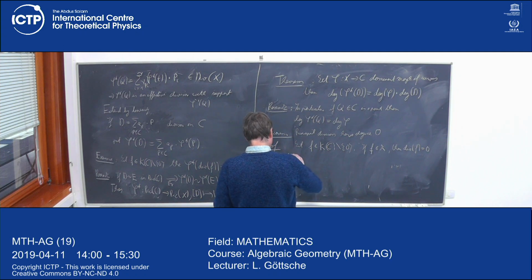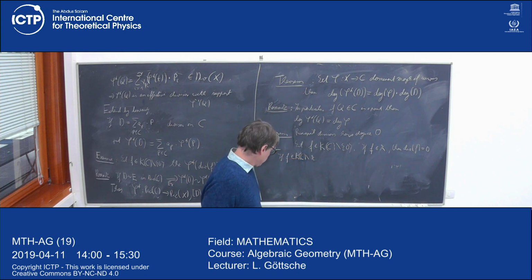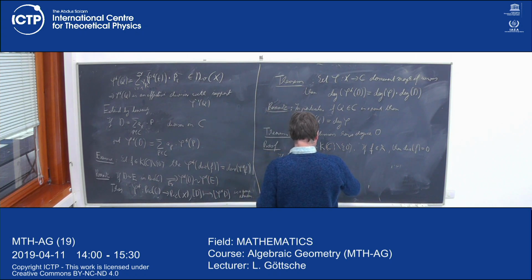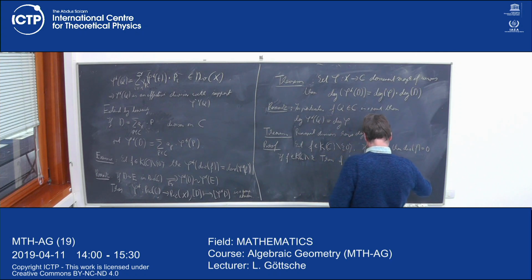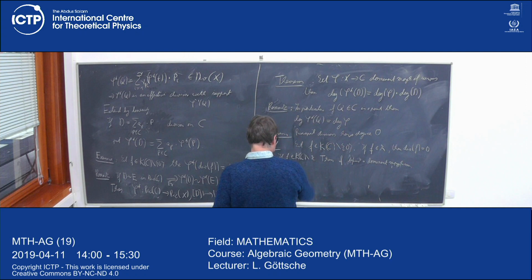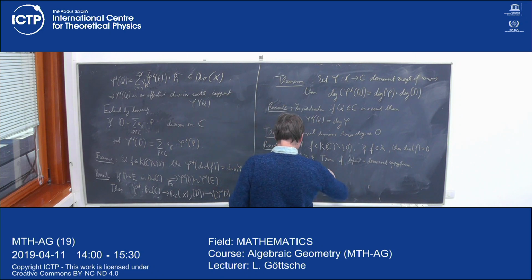So let's assume now that f is not constant, so f is an element in K(C) without K. Then I claim that f defines a morphism, actually a dominant morphism, which I now call phi, equal to (1 : f), from C to P1.